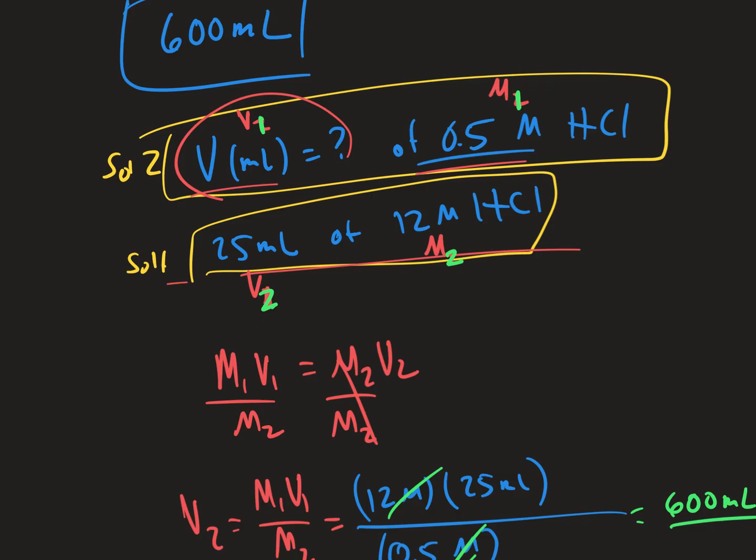So it says we have 25 milliliters of 12 molar. That means that is one solution. I don't care if you say that's solution 1 or that's solution 2, but it has to be the same solution. Does that make sense? Yeah, I made the same mistake.